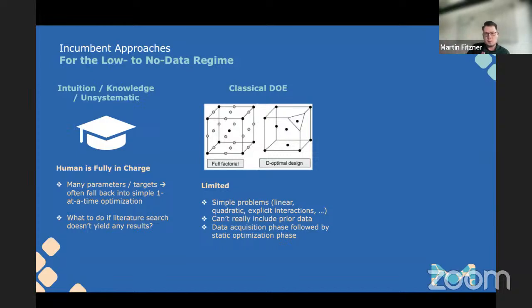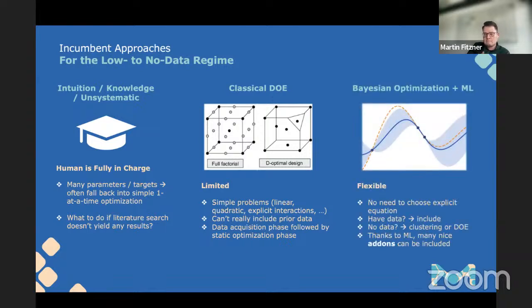And then comes your optimization phase with a model you've built. And the limitations here, I think, are also very clear. So you have to write down an explicit model. You have to model interactions. It's not so easy to include prior data. And also this what you just heard about, the fact that you can actually update your surrogate model, is a super nice thing. It is typically not done in classical DOE. So there are a lot of downsides here, or limitations if you come to complex problems.